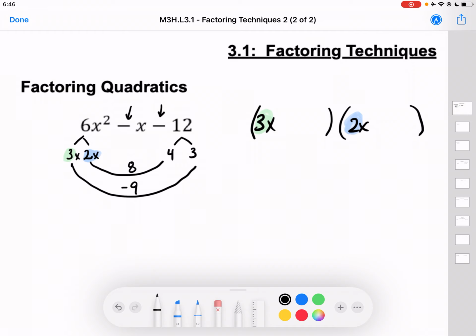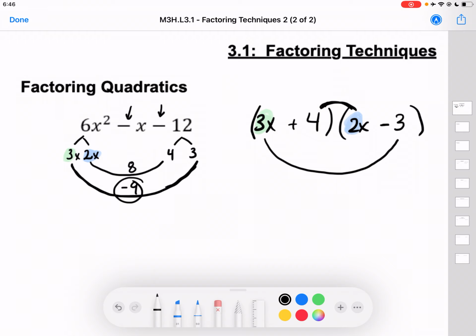Notice how the 3 was combined with the 3. We're going to end up multiplying them. That means when it comes to foiling, they need to be in opposite parentheses. And we have to get a negative 9, which means it has to be a negative 3. And then the 4 should go in the other one, so that we get the 2 times 4. We're just doing backwards foiling.